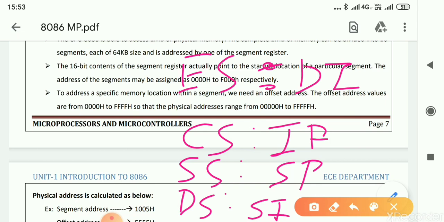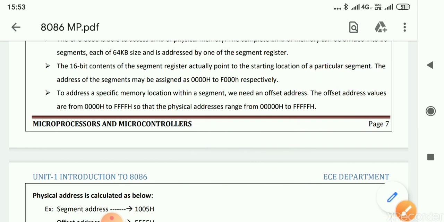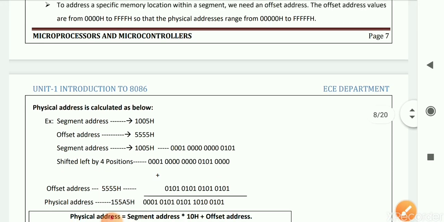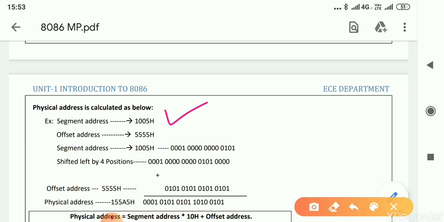Okay, so you always need to add the offset address to the segment address to calculate the physical address of the memory. Say, for example, here the physical address is calculated like this. The segment address is given here, also in 4 hex digits or 16 bits. In binary you can expand it, it is always 16 bits. The offset address is given again in 16 bits, and you need to calculate the physical address.